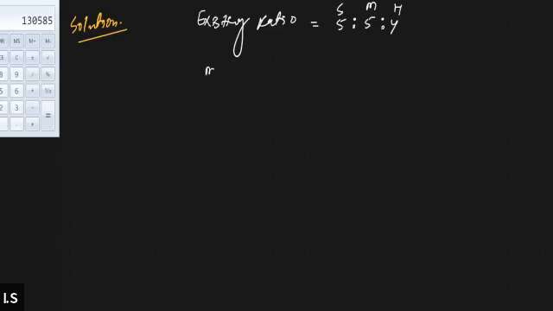Mohan's share is 5/14. The question says that his share needs to be distributed between Shiv and Hari in the equal ratio.